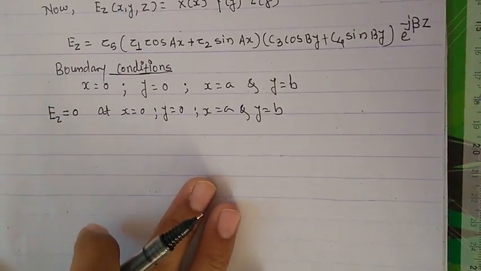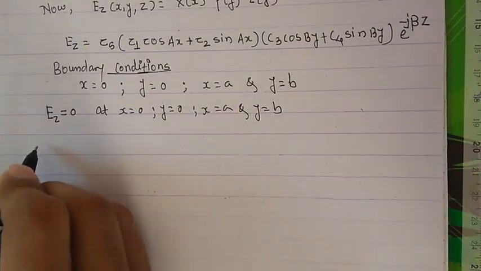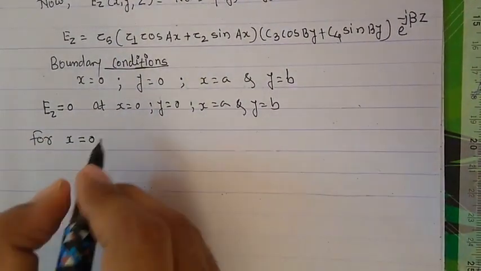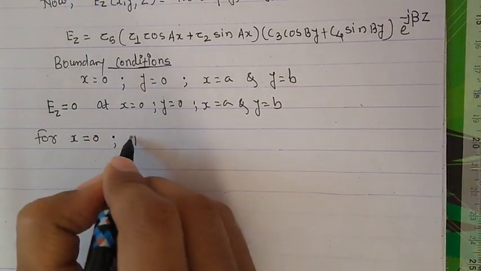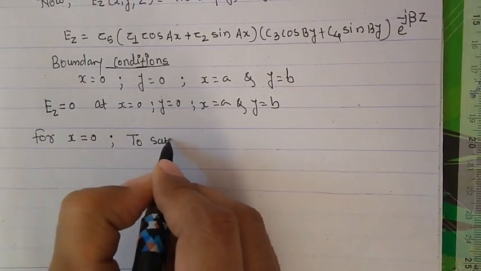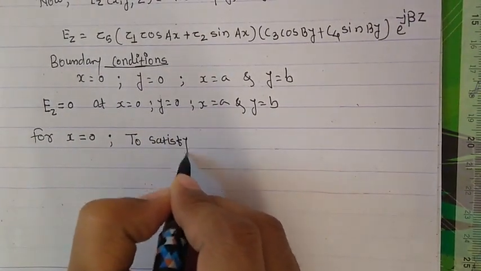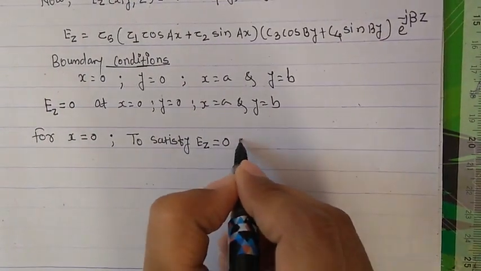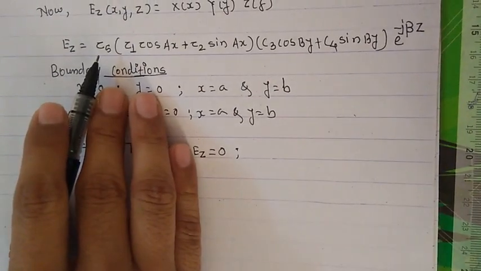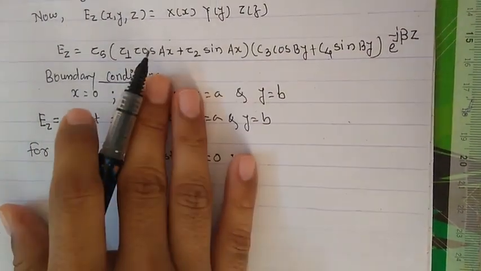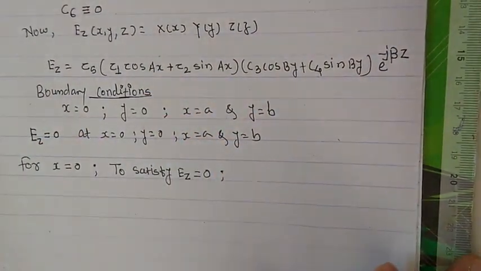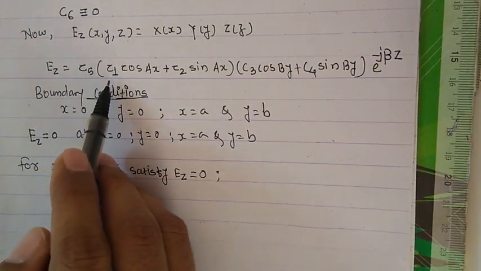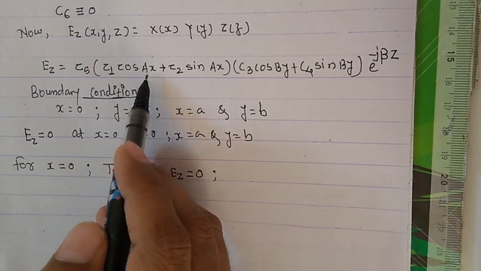Now the first set of boundary conditions, for x equal to 0. To satisfy the boundary condition, Ez equal to 0. Look at this equation, the general solution which you have obtained. This should be 0 when x is 0. When will this become 0? Your x is having value 0.